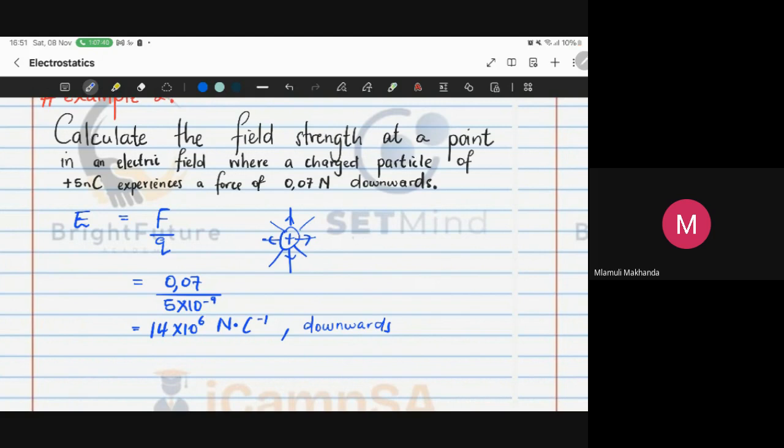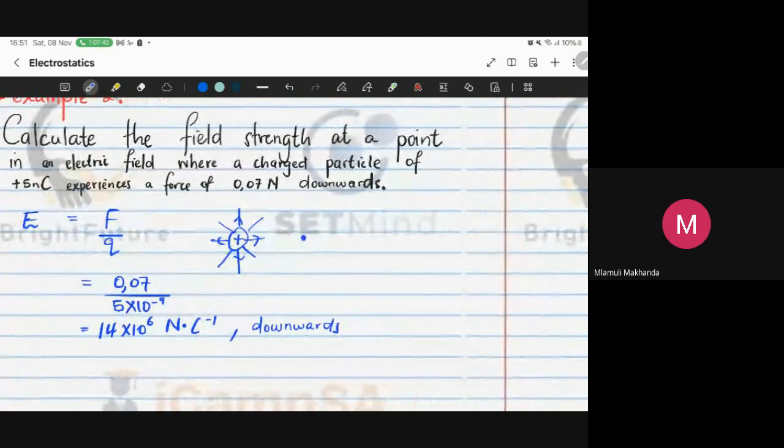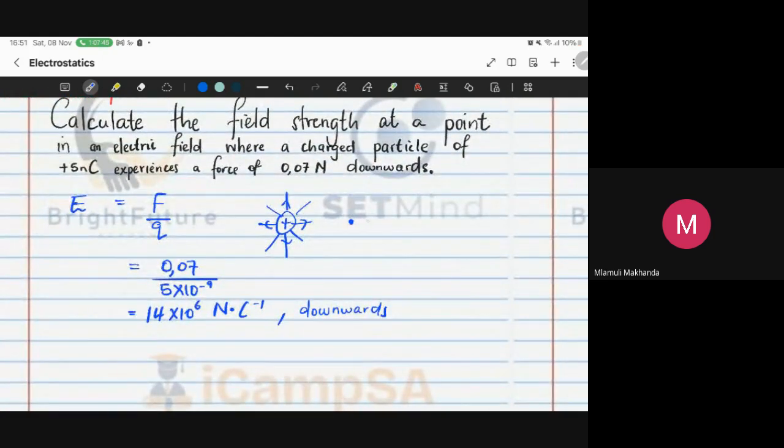And then we put plus 5 here, and imagine this thing is down, and the force experienced by this thing is downward. It would make sense in that regard, but if it was negative, and there's a large charge here, it wouldn't make sense for it to go downwards. It would instead experience a force upwards. That's why we're assuming that the direction is downwards.